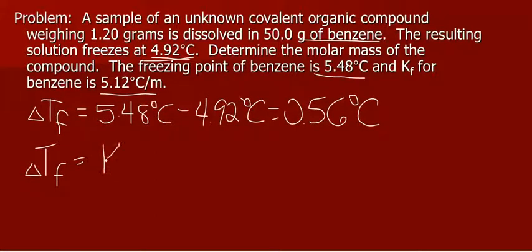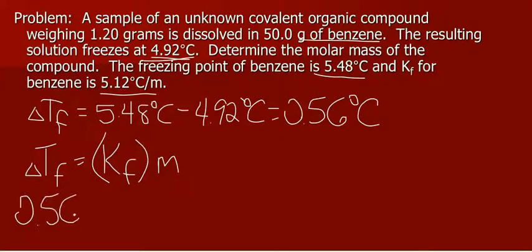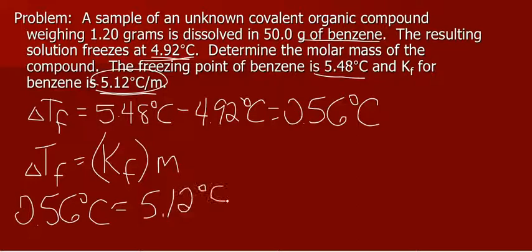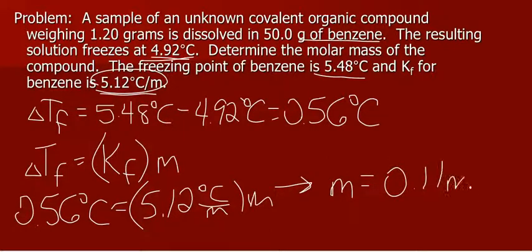And I know delta Tf equals Kf times m. Delta T is 0.56. Kf, I'm told, is right here, 5.12. So from this I can find my concentration. And my concentration is 0.11 molal.